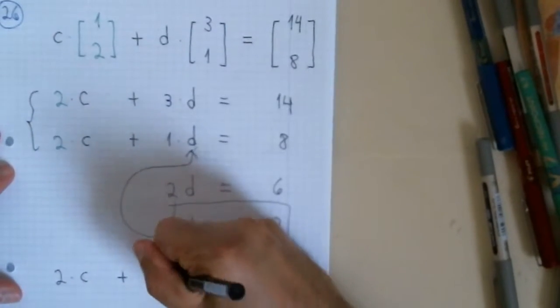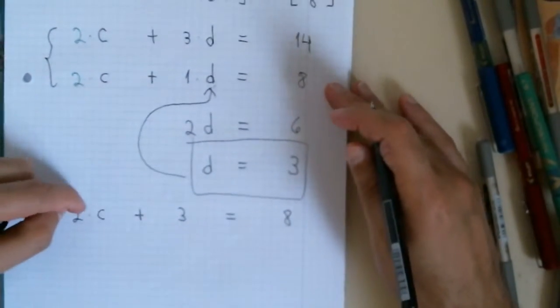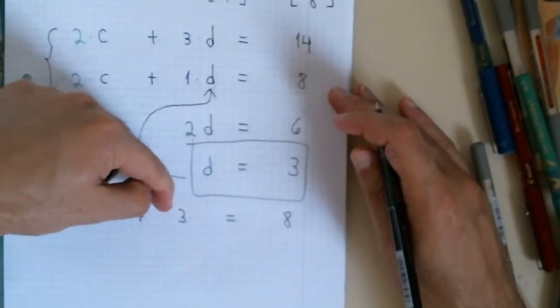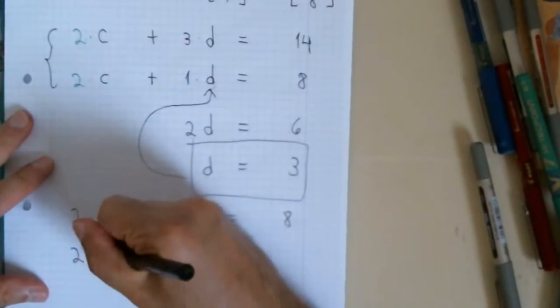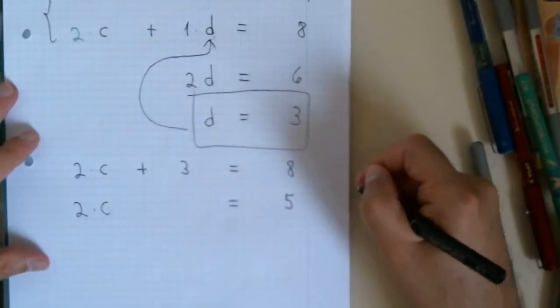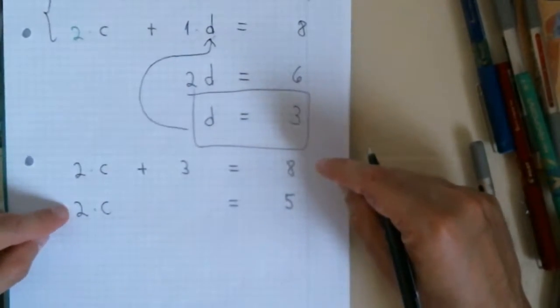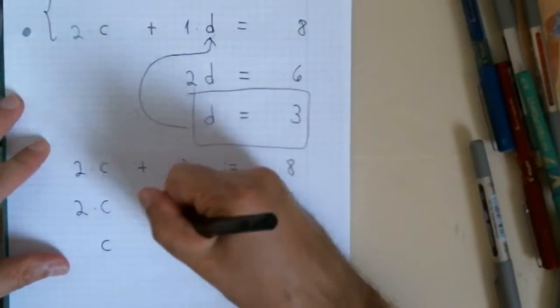So 2c plus 3 equals 8. We subtract 3, and we get 2c equals 5. And we divide by 2. So c equals 2.5.